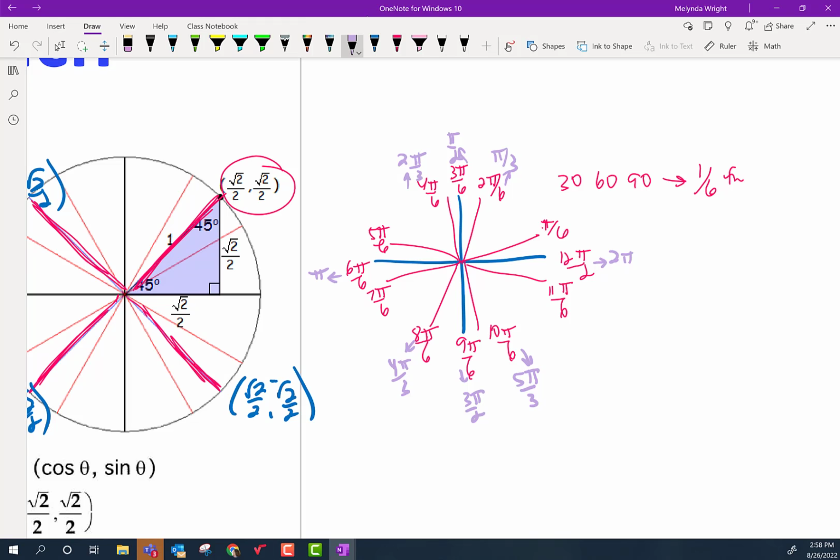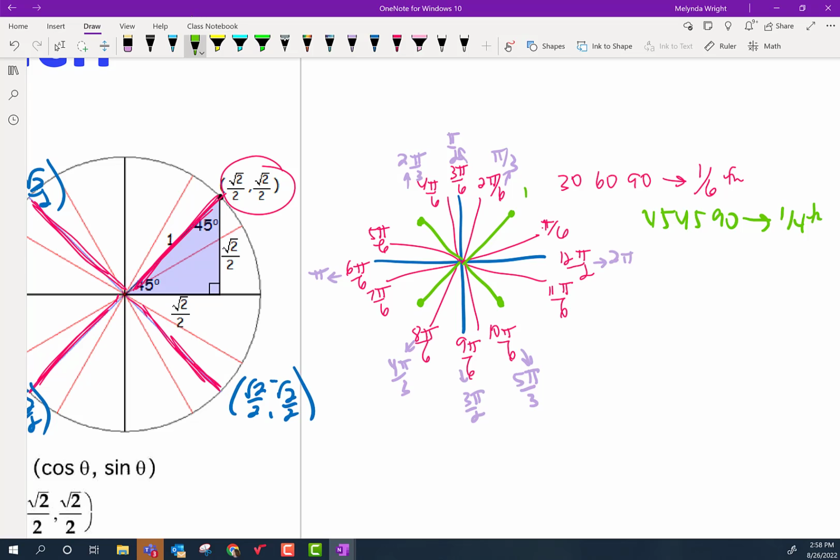So for the 45, 45, 90s, we count in fourths. So there's one 45, 45, 90 in each quadrant. Okay.